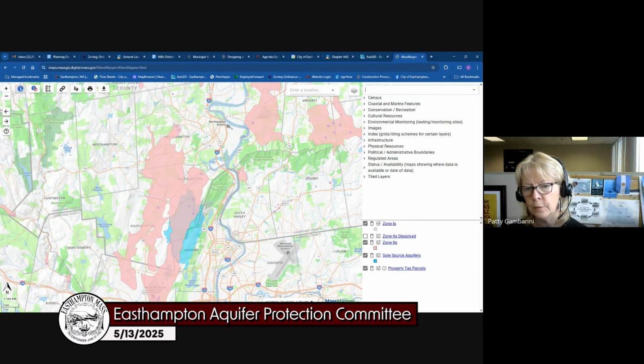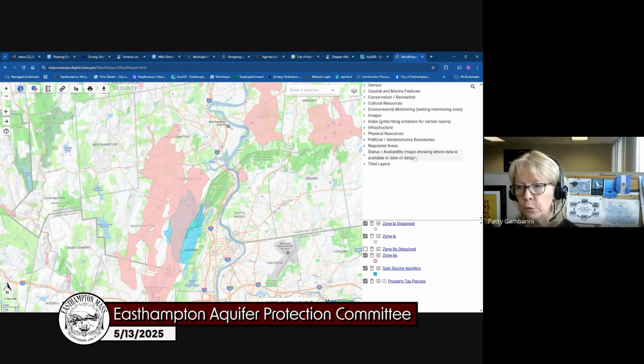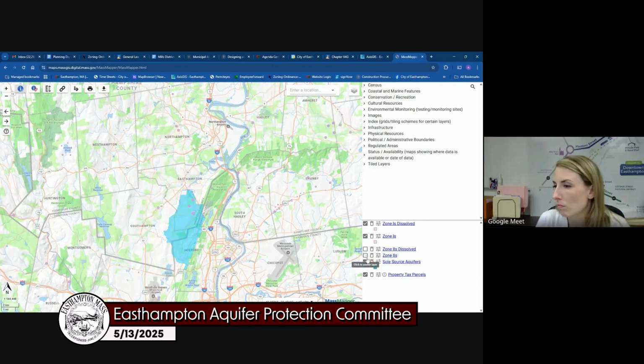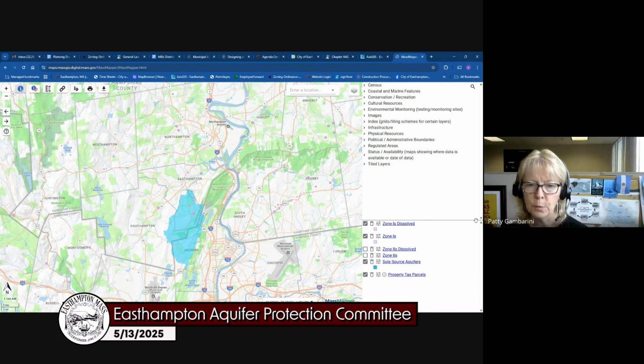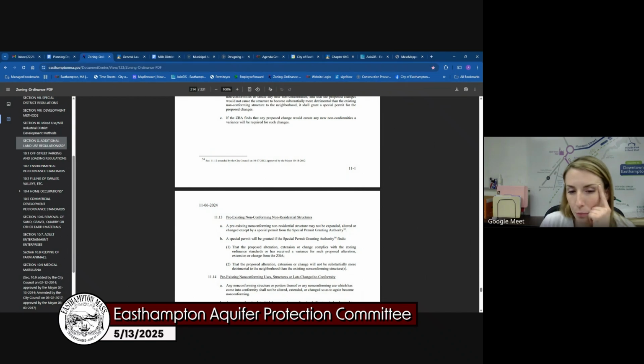Well, I think at least we confirm that the sole source part is R40 and R80 mostly, right? Because what I wanted to do is go through the table of use regulations and look at the R40 and R80 to see exactly what is allowed, not specific to the Aquifer Protection District, but just the use tables generally.